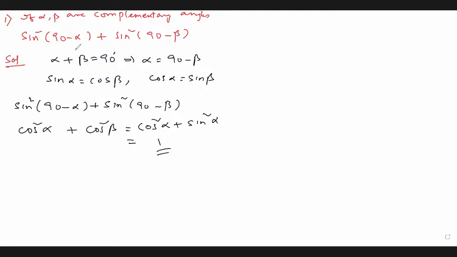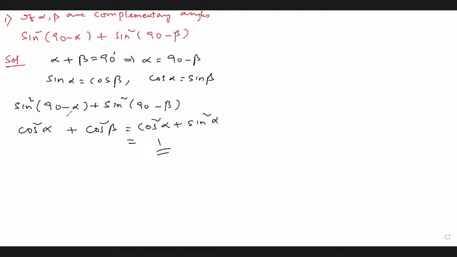I am repeating this question. If alpha, beta are complementary angles, sin square 90 minus alpha plus sin square 90 minus beta, I want. What are called complementary angles? Alpha plus beta is equal to 90 degrees, means alpha is equal to 90 minus beta. At that time, sin alpha is equal to cos beta, cos alpha is equal to sin beta.